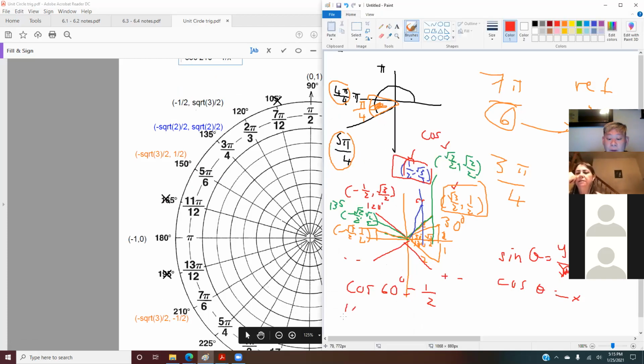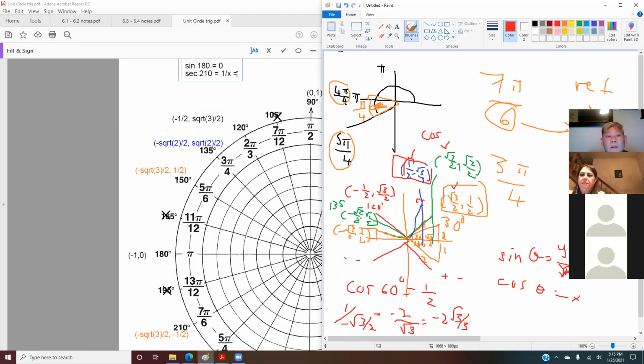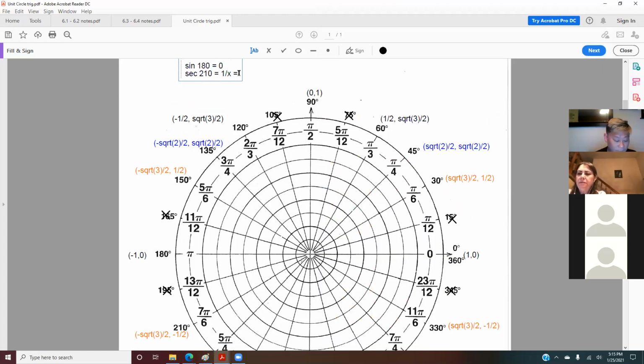But you have to put 1 over it, or you flip-flop it. Negative 2 over root 3, which is the same as negative 2 root 3 over 3. So what is secant of 210? Negative 2 square root of 3 over 3.